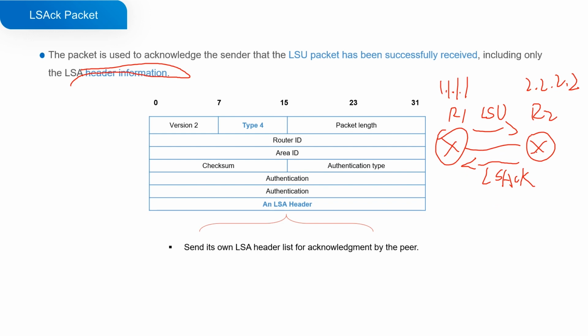For example, R1 sends the 1.1.1.1 LSA to R2, and then R2 will reply with the LSACK packet, and the packet will include the 1.1.1.1 LSA information. But the information is not the detail, just the header.